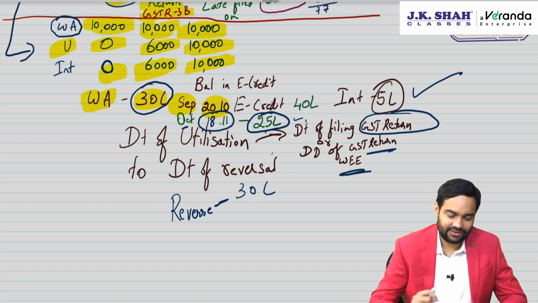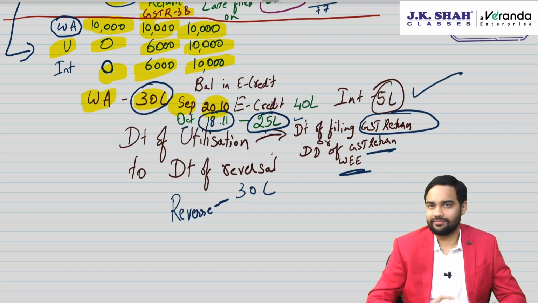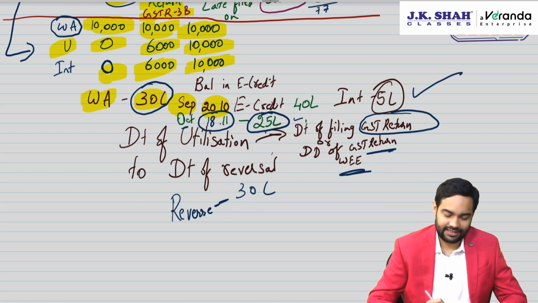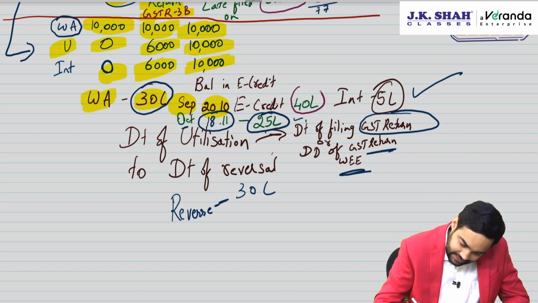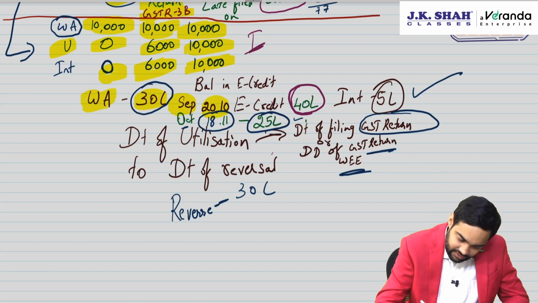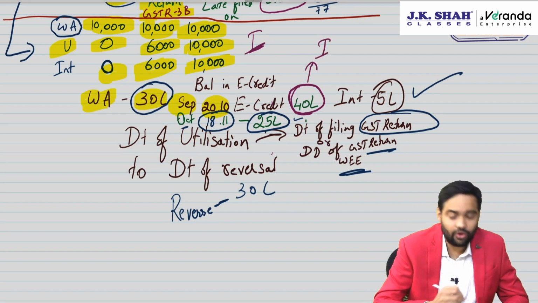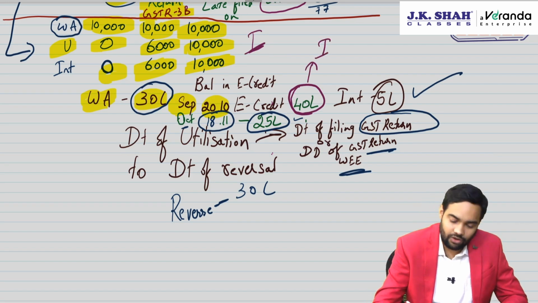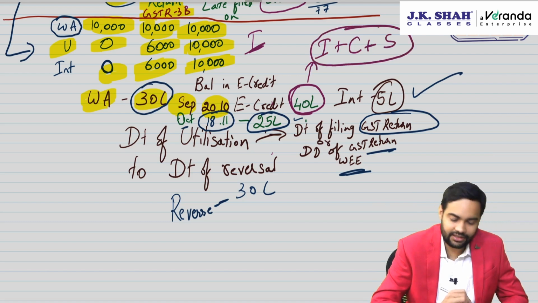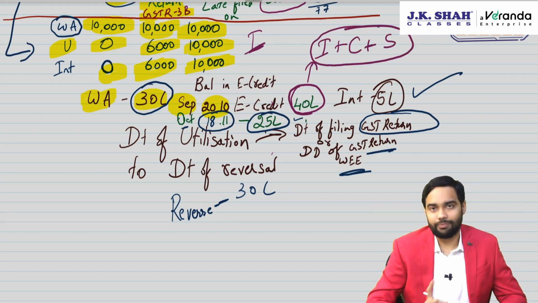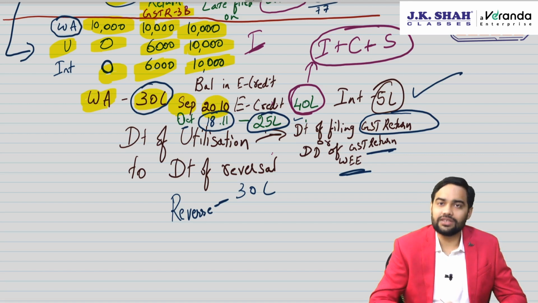Okay, great. So this was about the computation mechanism. Now, when we say balance in the e-credit ledger, if I have taken IGST wrongly, is this balance I alone or a combination of I, C and S? It's a combination of I plus C plus S. All three taken together I have to check, but not compensation cess. Sir, but why should we see all three together?